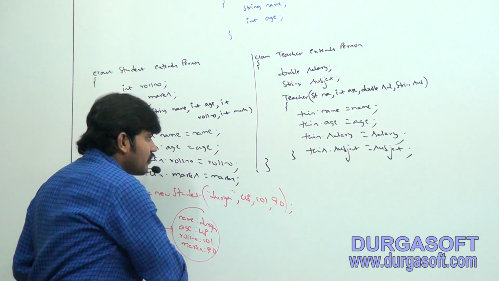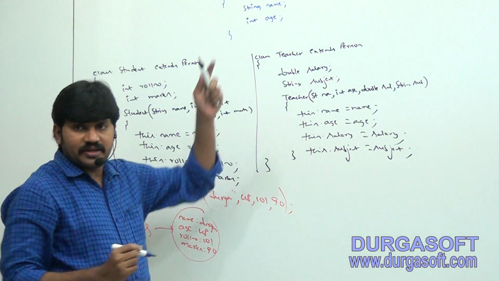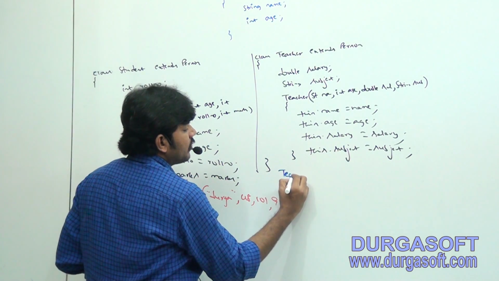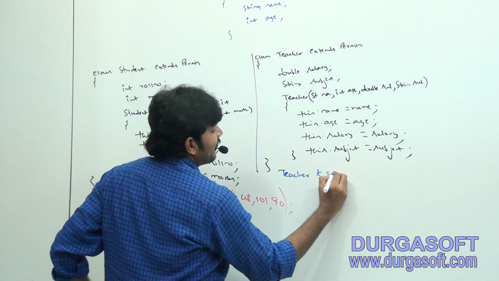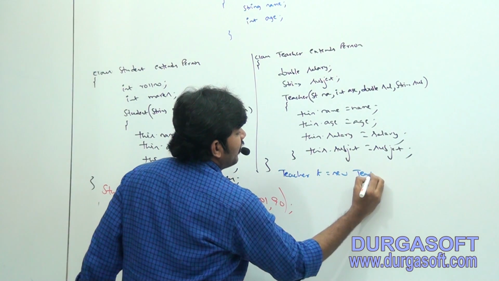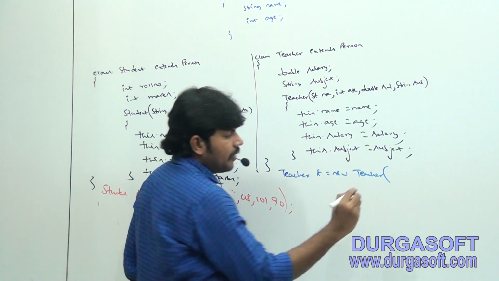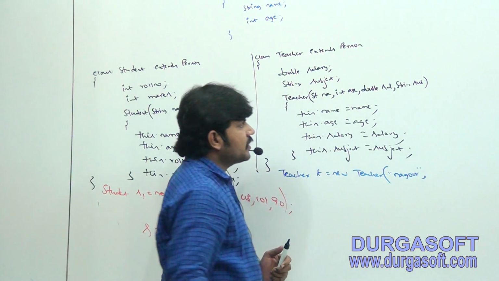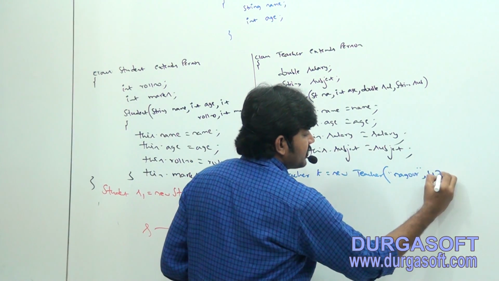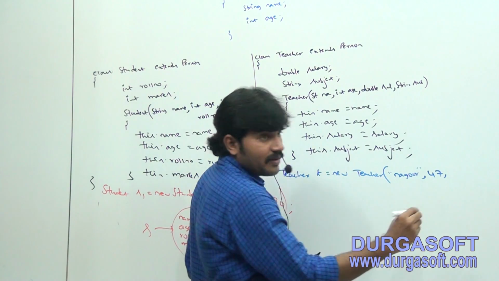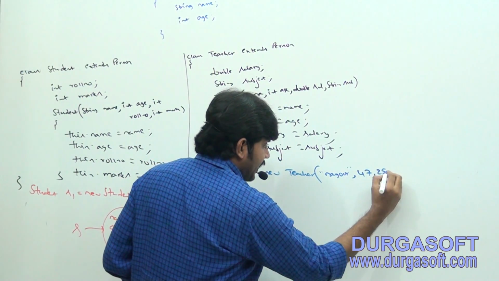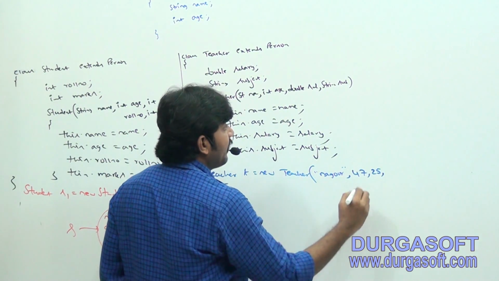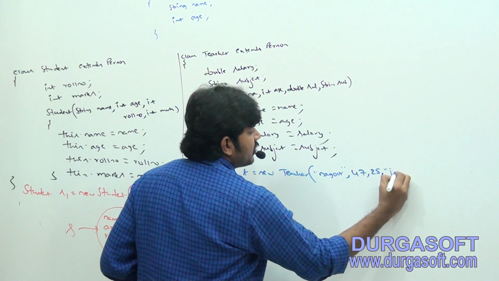Sir, I want to create one teacher object. Teacher t is equal to new Teacher of name, some Nagur, next age 47, next salary, some 25k, string subject is Java.